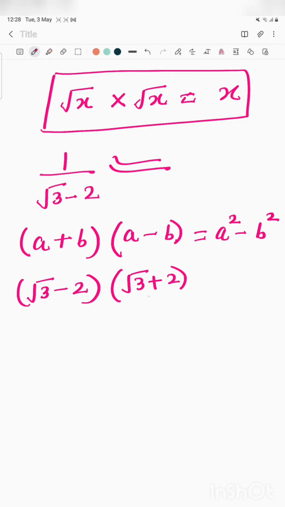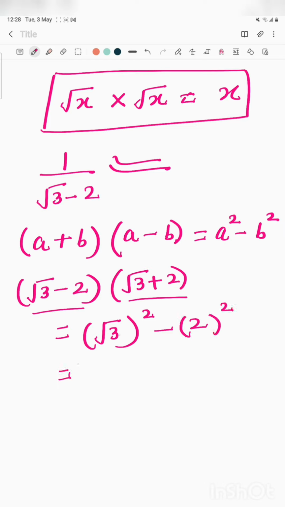What if we multiply both these? So you can see here we can apply the identity a plus b into a minus b, because both the terms are the same, and in one bracket there is a plus and in the other there is a minus. So we can apply this identity. Instead of a I have root 3, and instead of b I have 2.